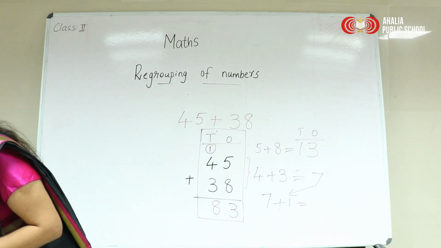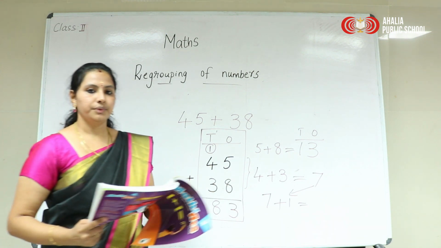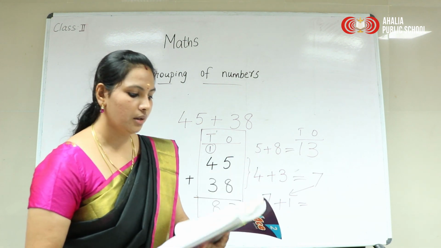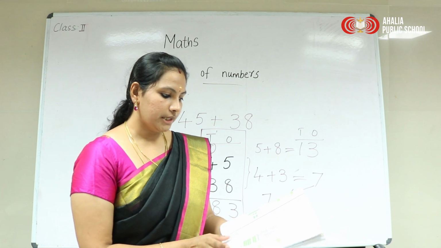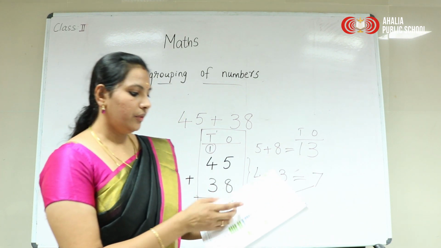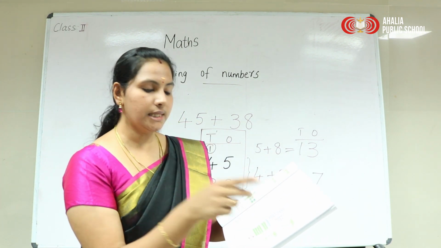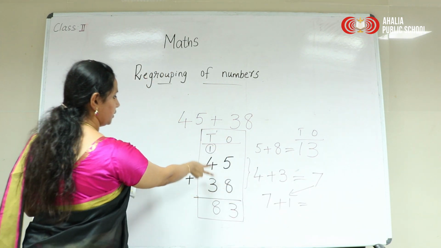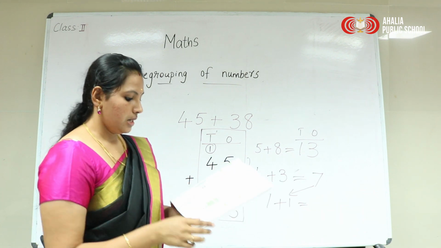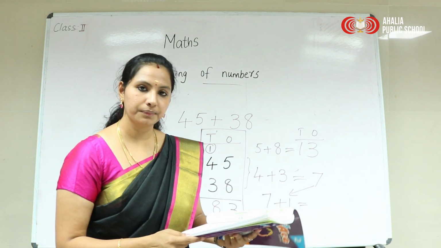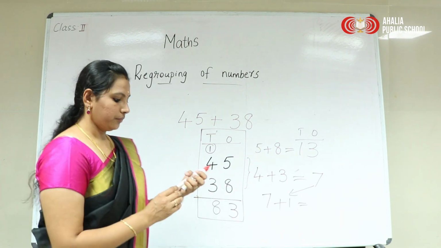Okay, now we all got the concept. What is regrouping of numbers? Yes. Then we do addition of 2-digit numbers with regrouping. This is addition with regrouping of 2-digit numbers. Now we all got it, yes.